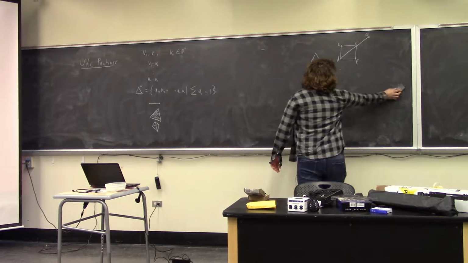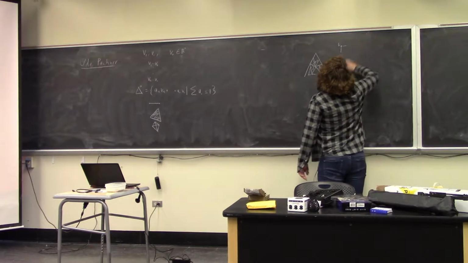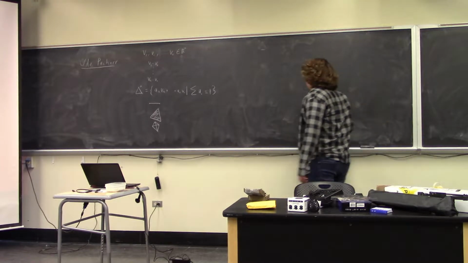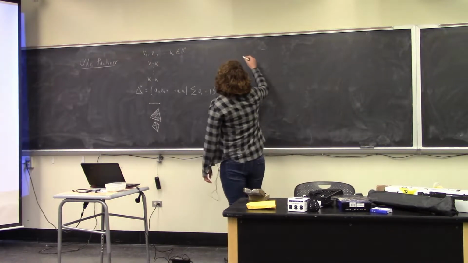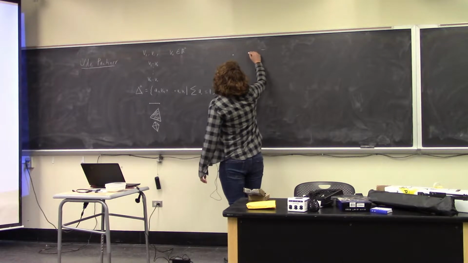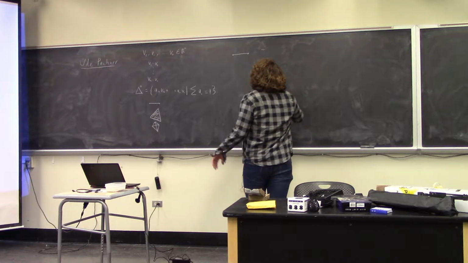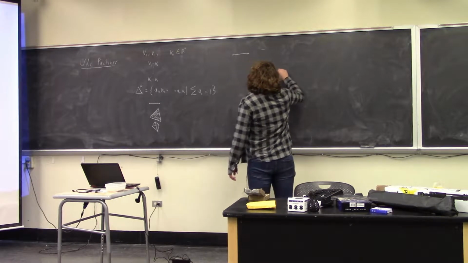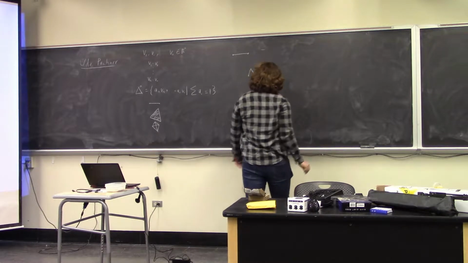So the one-dimensional case is very easy. Should be able to see the one-dimensional case immediately. Say you have just a line segment, right, and some simplicial complex which looks super weird, but is homeomorphic to a line segment.